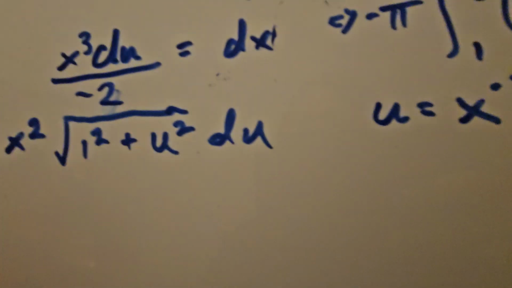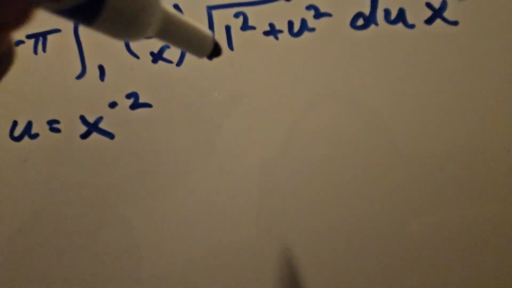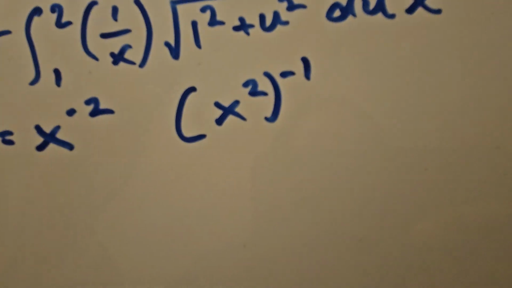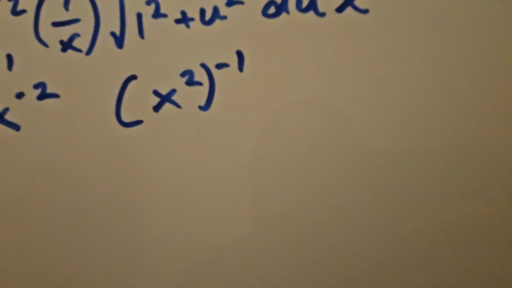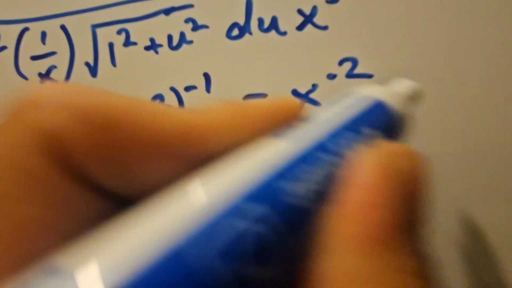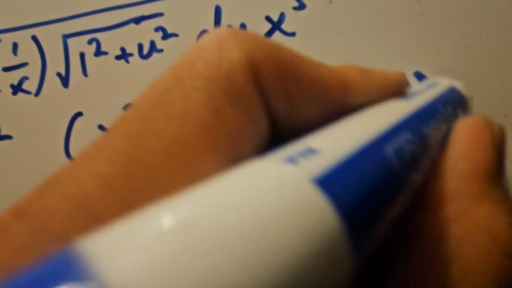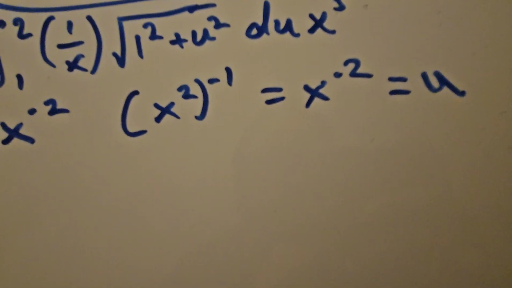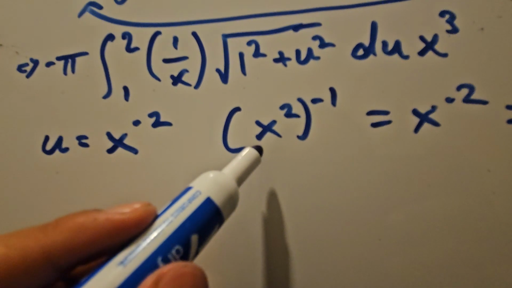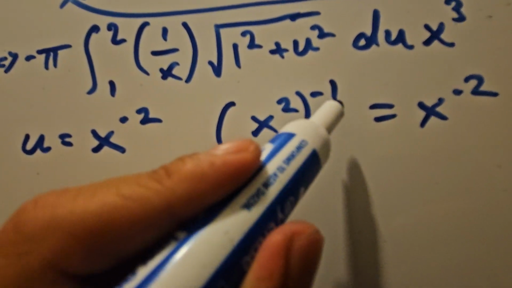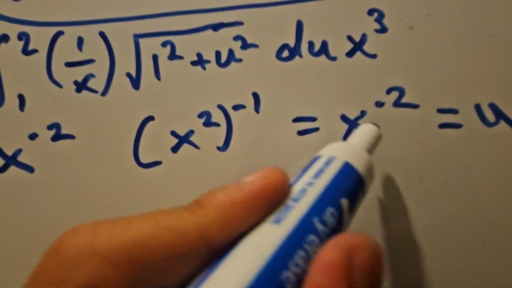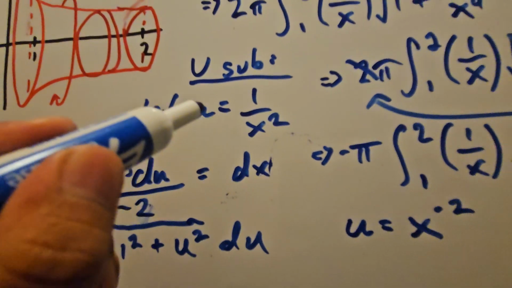Now, this is an x squared. Look at this. x squared raised to the negative 1 power. Does this not equal x to the negative 2, which equals u? Yeah, it equals that. So when we raise this to the negative 1 power, we multiply these two together. That gives us x raised to the negative 2 power, and x raised to the negative 2 power, like we established, is equal to u.